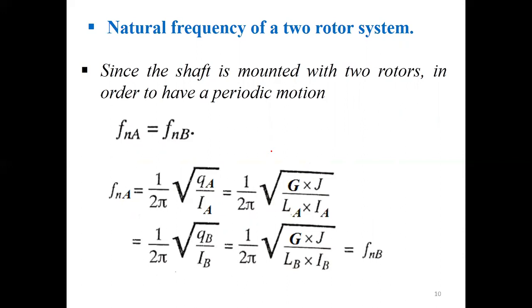The most important point to be highlighted here is that since the shaft is mounted only with two rotors, and if it has to undergo a periodic angular motion, the condition to be satisfied is both the rotors should have the same frequency, that is FNA is equal to FNB. Otherwise, you won't get a pure torsional vibration in the system.